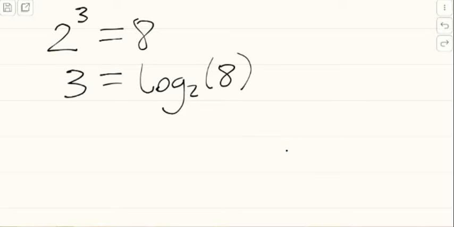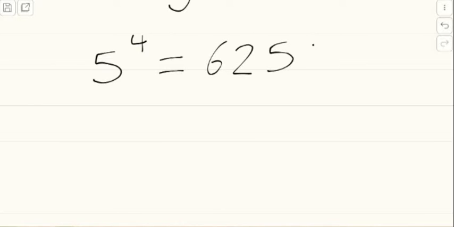Let's look at another example. So let's look at 5 to the power of 4 equals 625. Okay, so the way in which we would rearrange this is like this.